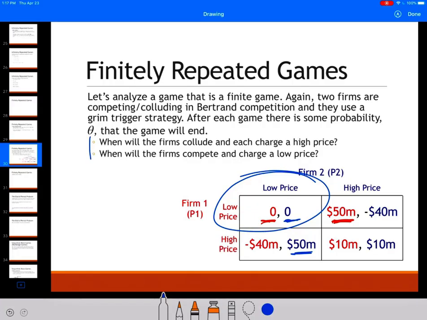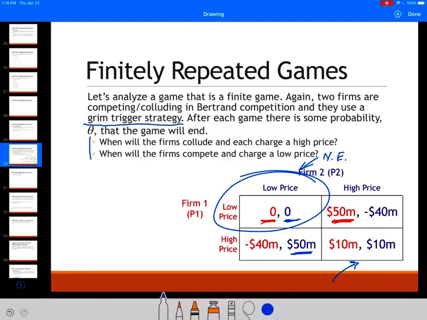given that this is now a game that is going to end, but you just don't know when it ends, when will the firms collude and achieve this outcome down here in the lower right, and when instead will the firms compete and achieve the Nash equilibrium outcome here? Well, we're going to assume they use the same grim trigger strategy we talked about before.